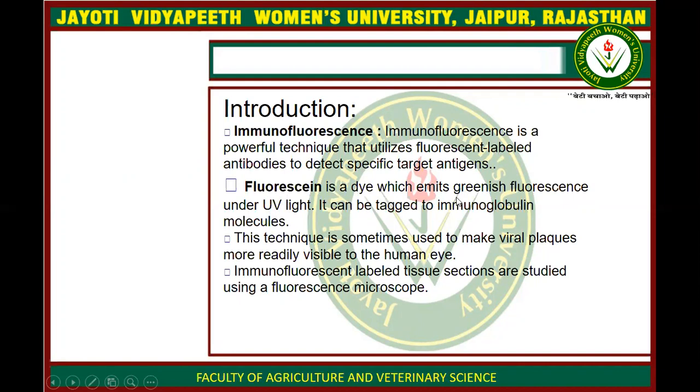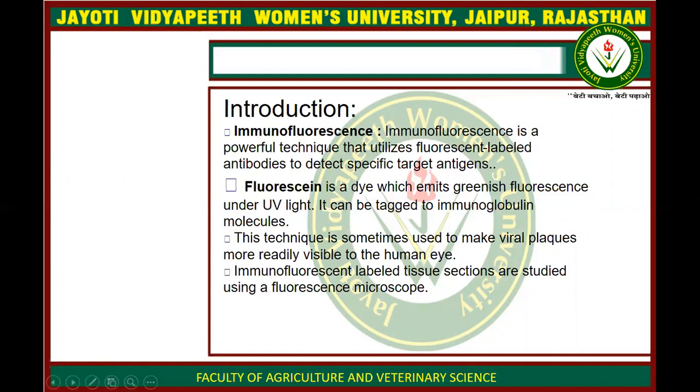Fluorescence is a dye which emits green fluorescence or any color fluorescence, and when it emits some fluorescence, it can be detected. So in immunofluorescence, any material is detected when it emits some colored light. That colored light is known as the fluorescence.